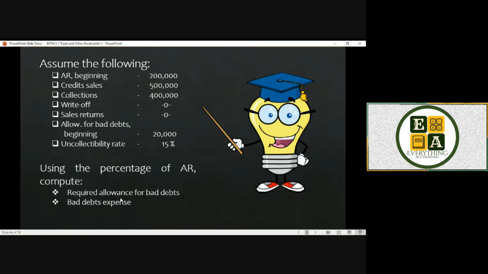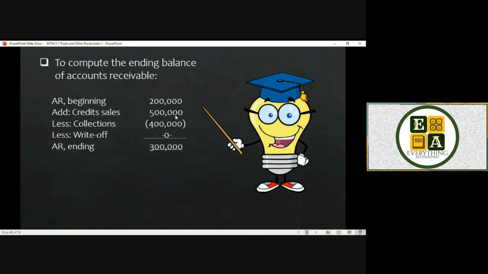Okay? So compute muna tayo ng ending balance ng accounts receivable. We use this 200,000, 500,000, and 400,000. So to do that, okay, beginning balance 200,000, add ka ng 500,000, then less ka ng collections, wala namang write-off, so yung ending balance natin is 300,000.